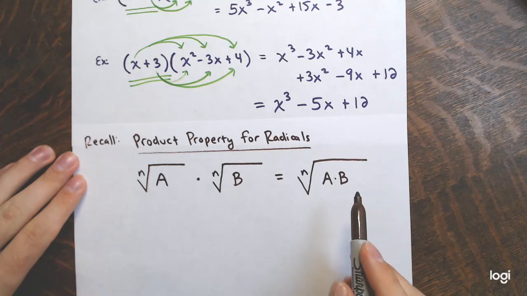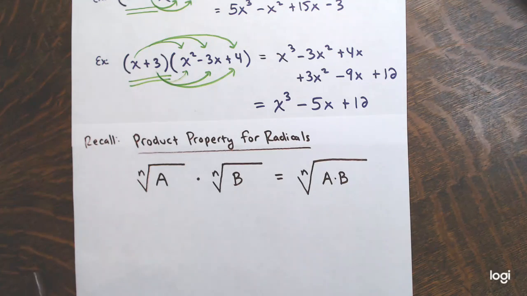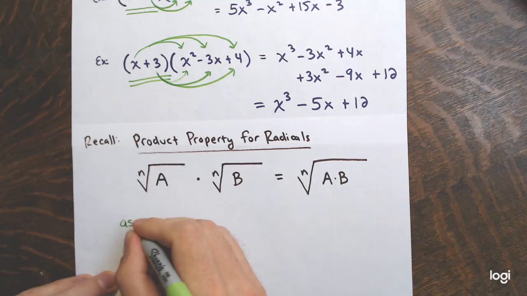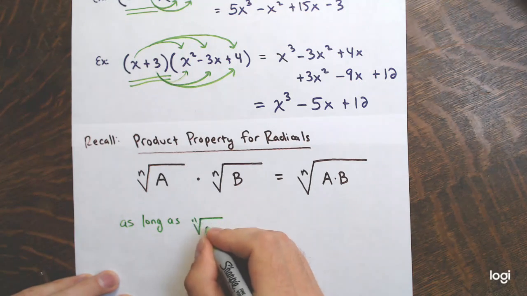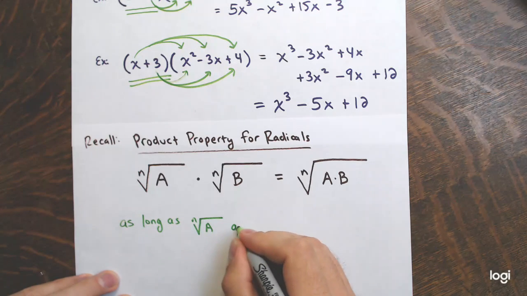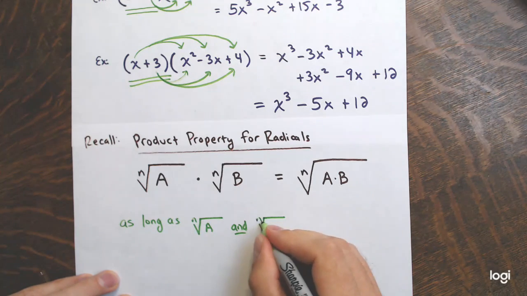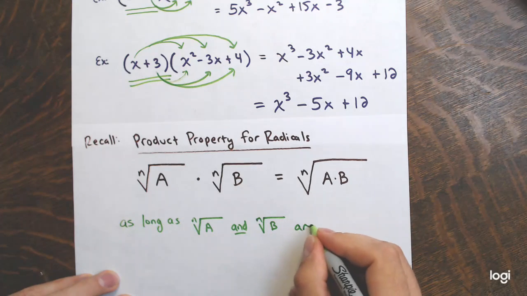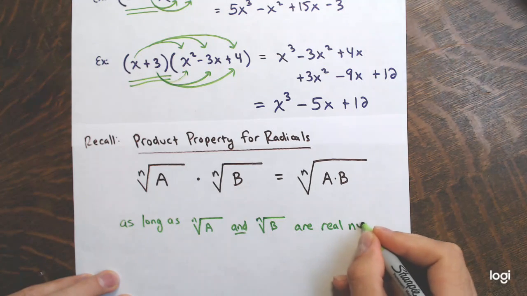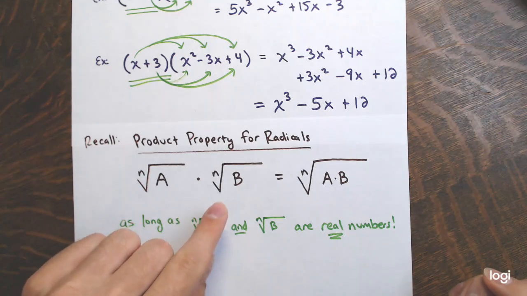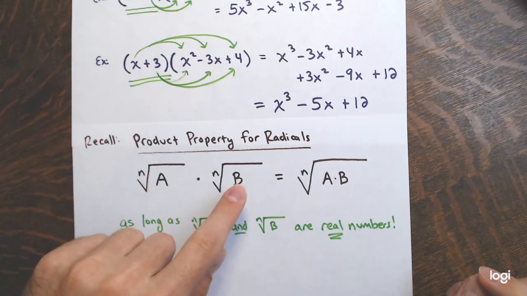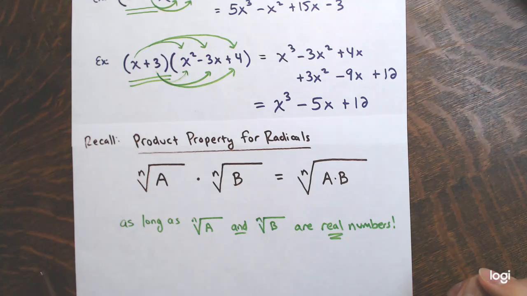Notice there's no adding or subtracting here. It's a product. Now this doesn't always work. This is only true as long as the nth root of a and at the same time the nth root of b are real numbers. This is a property of real numbers. So if you're taking even roots, you can't have negative radicands, because you can't have negative numbers inside square roots, fourth roots or sixth roots; you're not going to get a real number result.